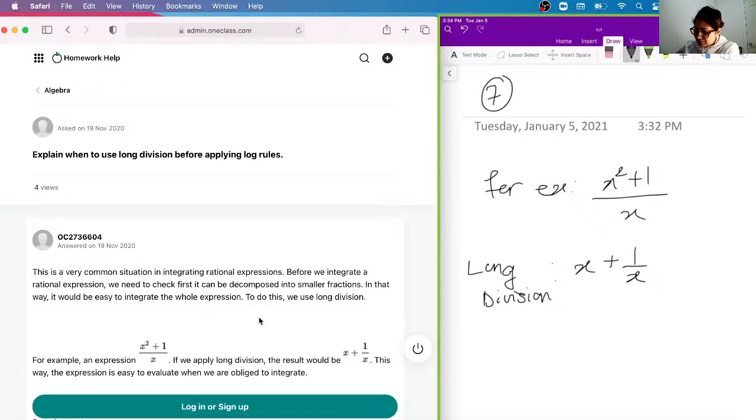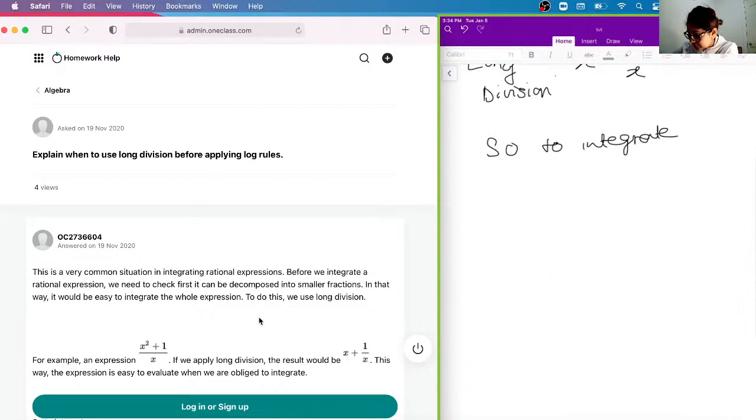So to integrate this, we have to take the integral of this whole expression, which is x squared plus 1 over x.